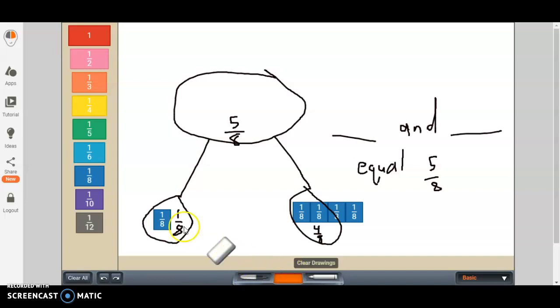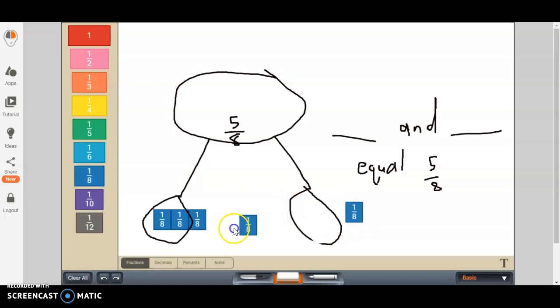So, some ways that you may have done that is you may have written, okay, 2/8 and 3/8 equal 5/8, or even 3/8 and 2/8, or maybe you flipped around and you said 4/8 and 1/8. Now, I'm curious if anyone thought about this as well, right?